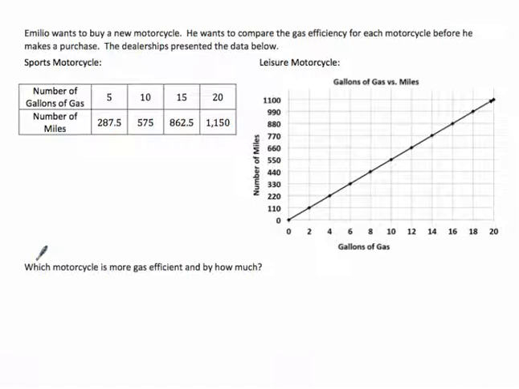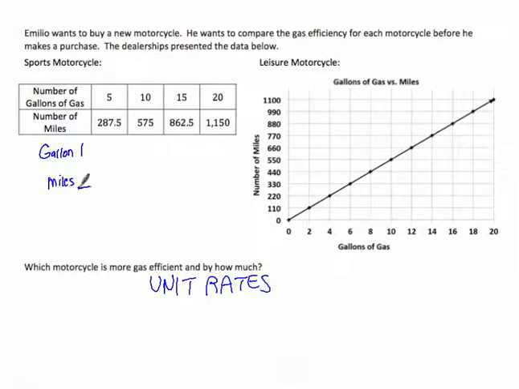To answer this question, once again, we're going to have to get it to unit rates. So the unit rate for this, we'd have to figure out for 1 gallon, how many miles would it go? And to figure that out, we have to divide by 5.